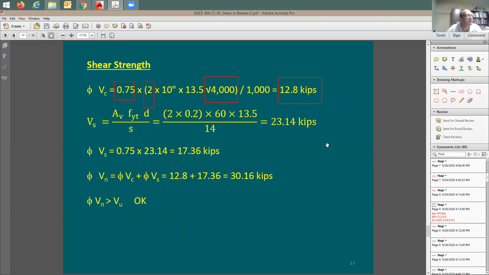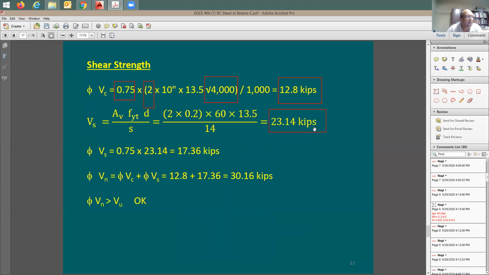Now move forward to the equation. Number 4 has a cross-section area of 0.2 square inches. It's going to be 2 times 0.2. The steel is grade 60, so f_yt is going to be equal to 60. Depth, 13.5, and the spacing is 14 inches as given. I have a nominal shear strength of 23.14.